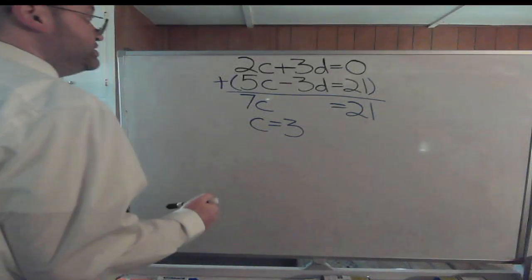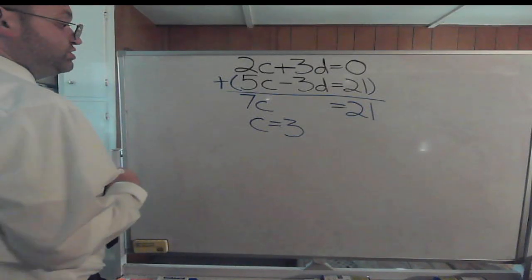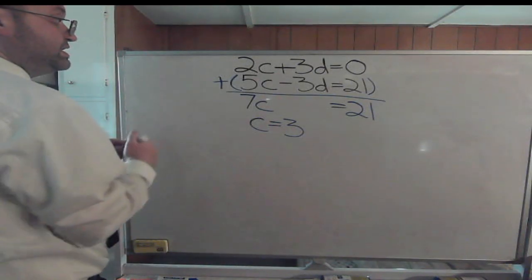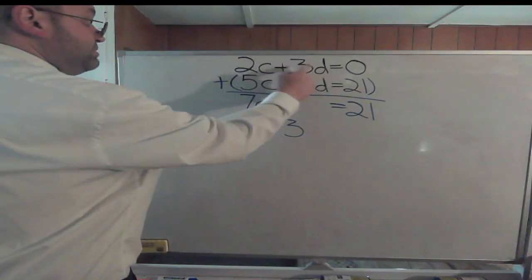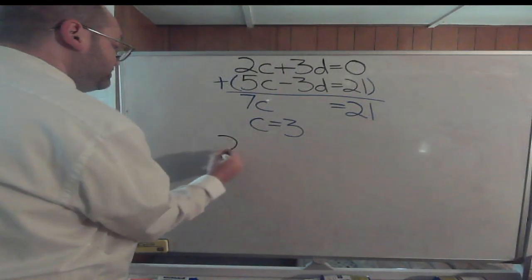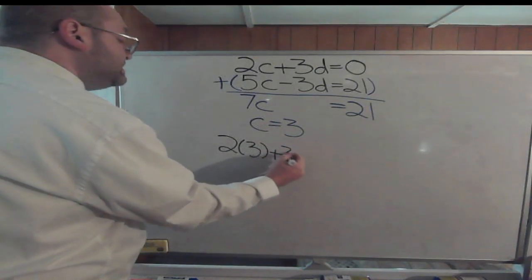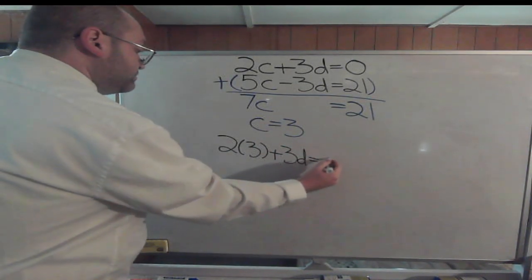Now all we want to do is find the d coordinate. And we're going to put the c value into one of these equations. I'm going to go with 2c plus 3d equals 0. So you'll have 2 times 3 plus 3d equals 0.